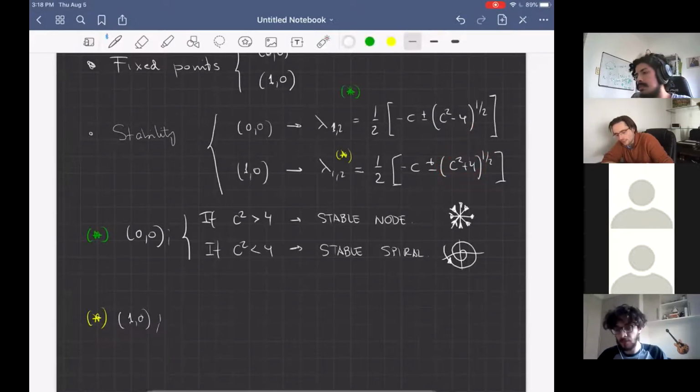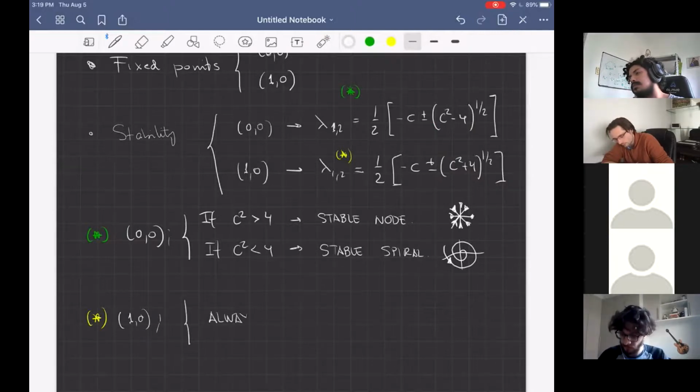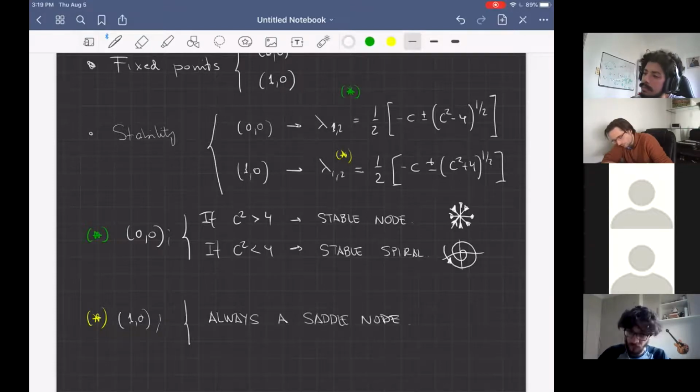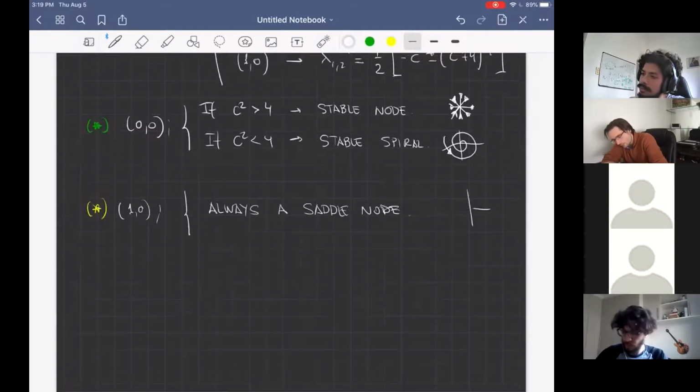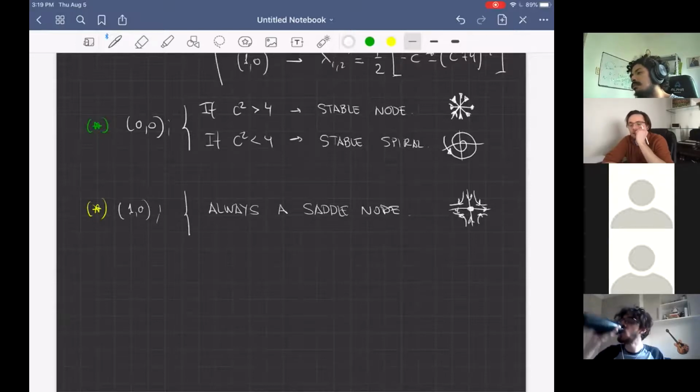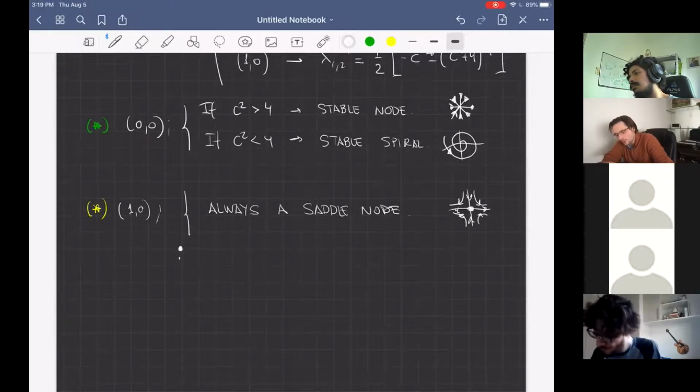And basically what you will see is that this is always a saddle node. That, remember, was one of these points where I had an attractive, a stable direction and an unstable one, and basically the trajectories never reached it.